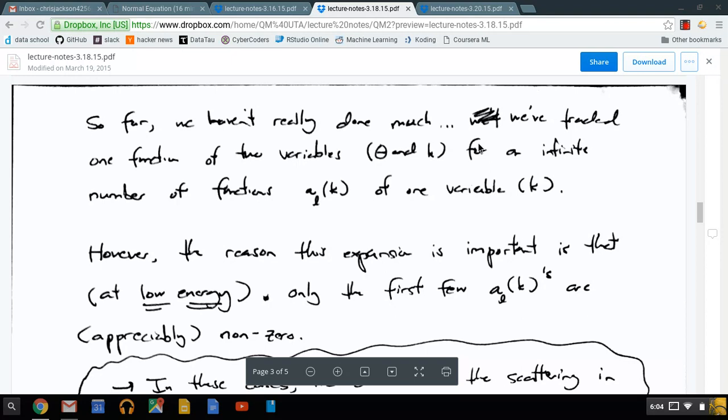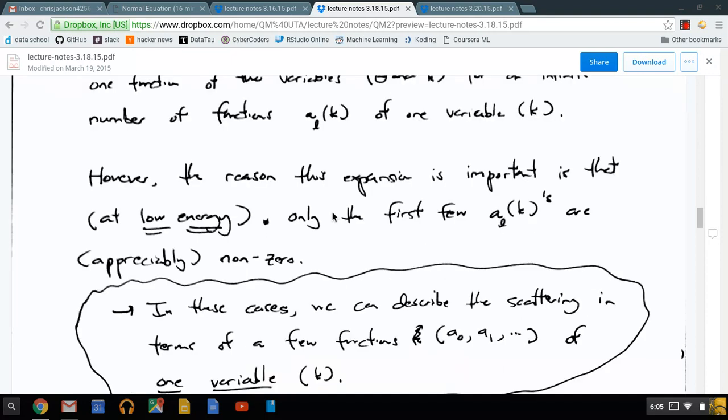We've basically separated out the theta. We know what the theta dependence is, and now the question is how to compute the part of the scattering amplitude that depends on k. The problem is that there's an infinite number of them in general.